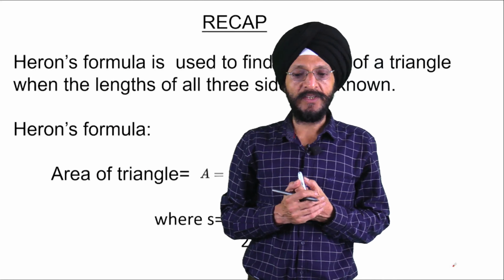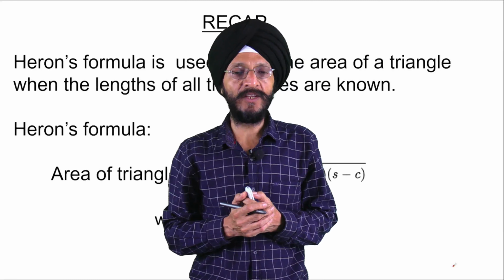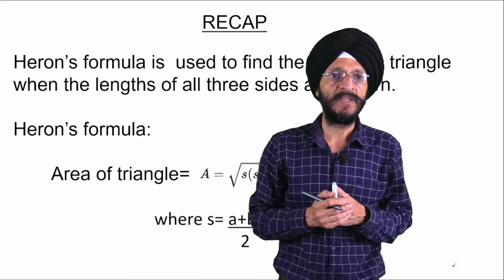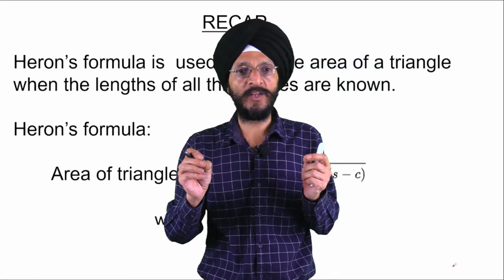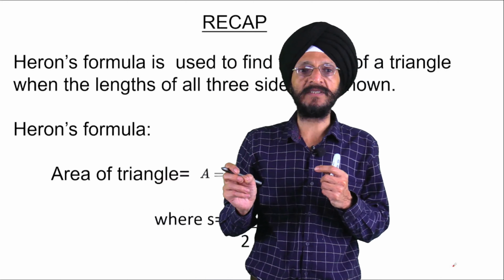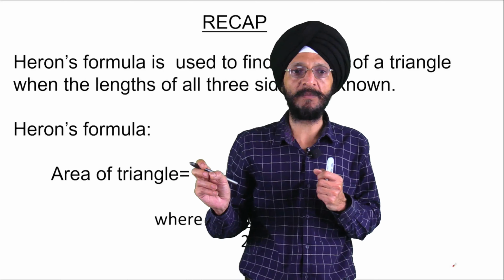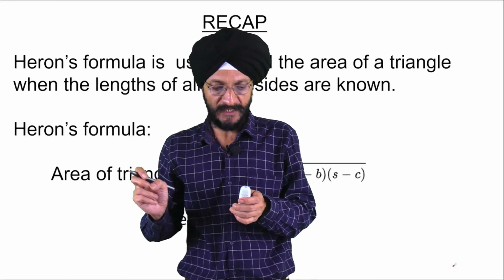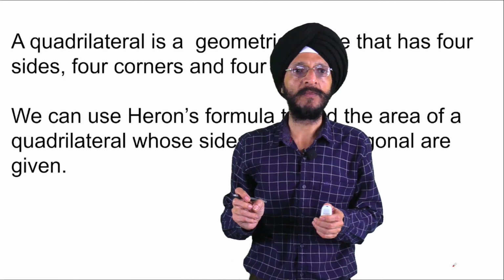Heron's formula is used to find the area of a triangle when the lengths of all the three sides are known. Heron's formula is: area of triangle is equal to under root s into s minus a into s minus b into s minus c, where s is equal to a plus b plus c divided by 2.